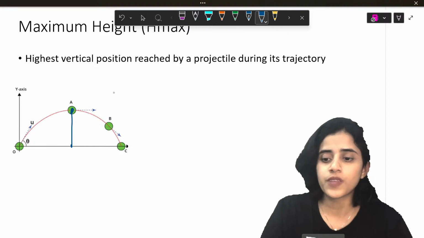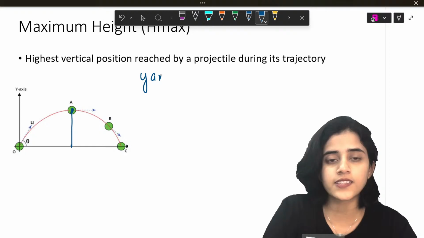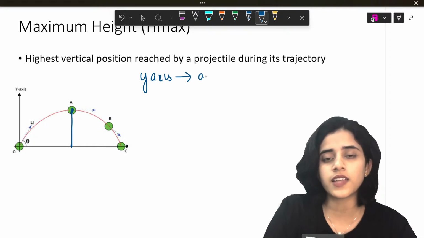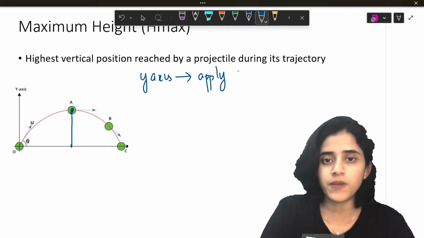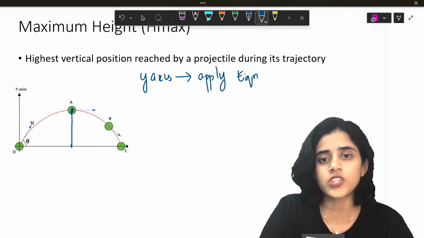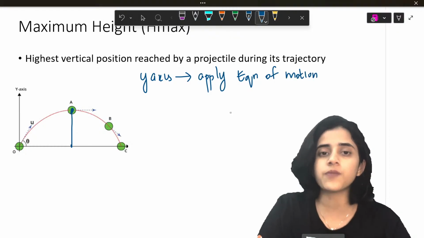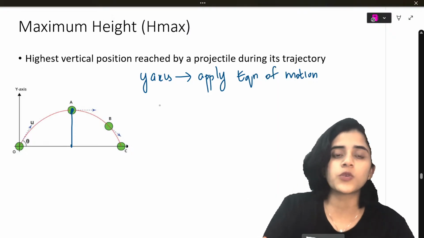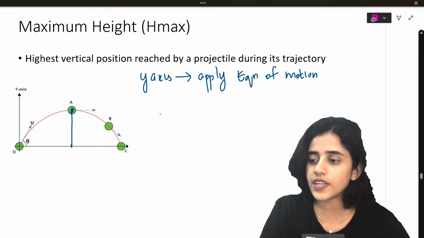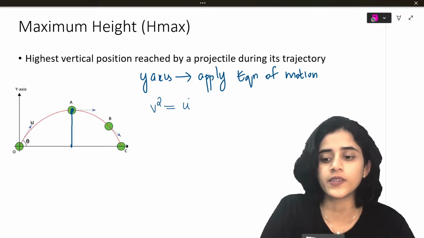Okay, so again, this is also along the y-axis, applying equations of motion along the y-axis. So which equation of motion will I apply here? Here I will apply v square is equal to u square minus 2as.